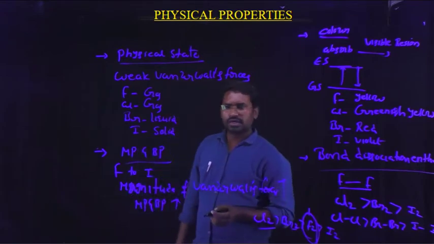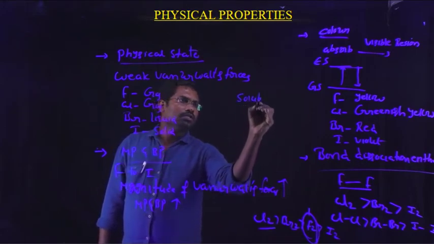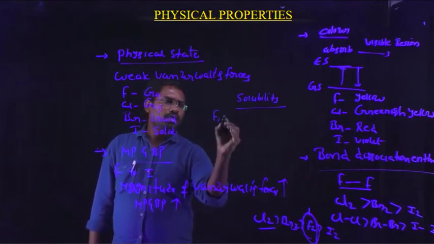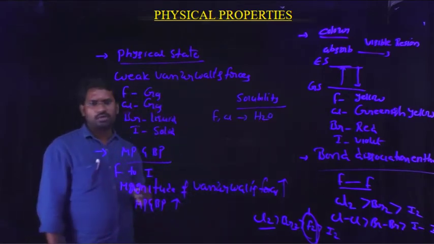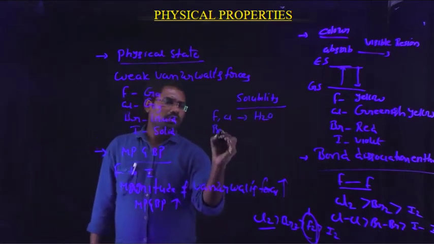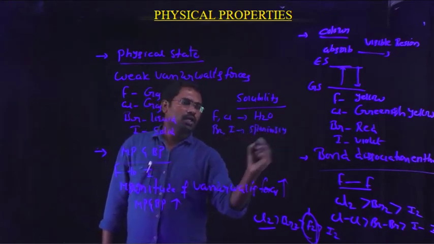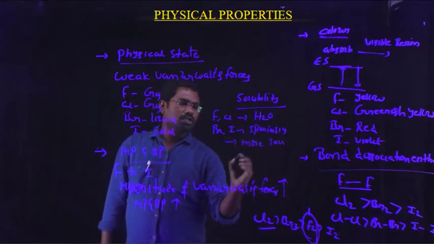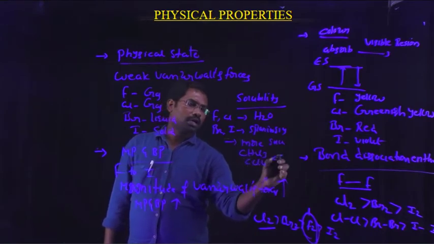The final property is solubility. This is another important physical property of halogens. Generally both fluorine and chlorine are much soluble in water, but bromine and iodine are sparingly soluble in water, though they are more soluble in organic solvents like chloroform, carbon tetrachloride and carbon disulfide.